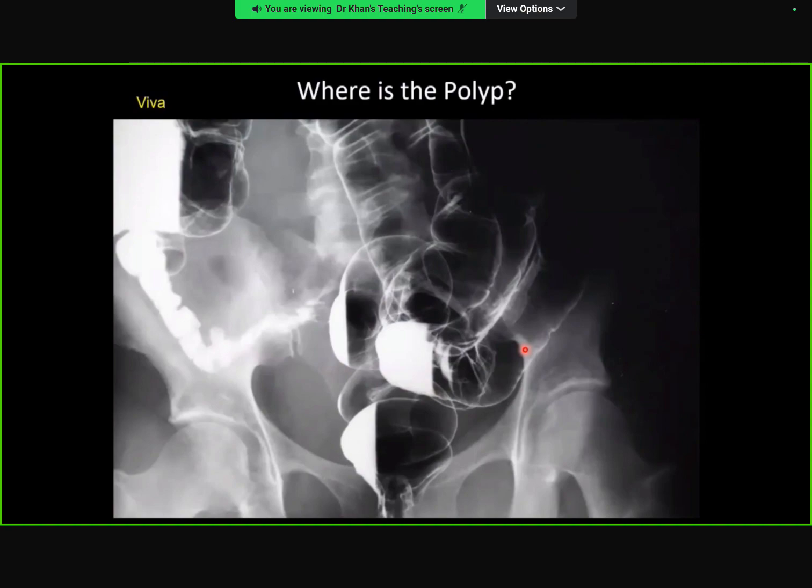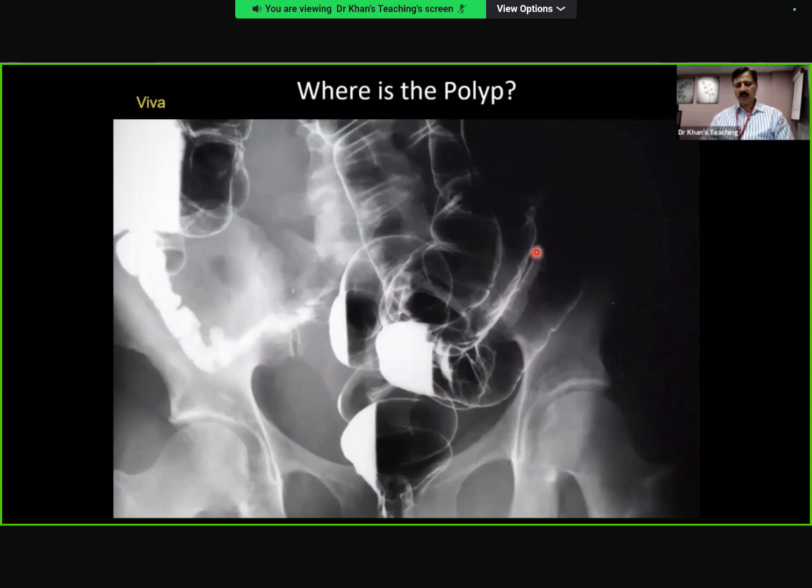Is it the sessile one? Yes, there is. If you see here, look at this. Now the idea to show you this film is to develop your eyes for how polyps look on a double contrast barium film.